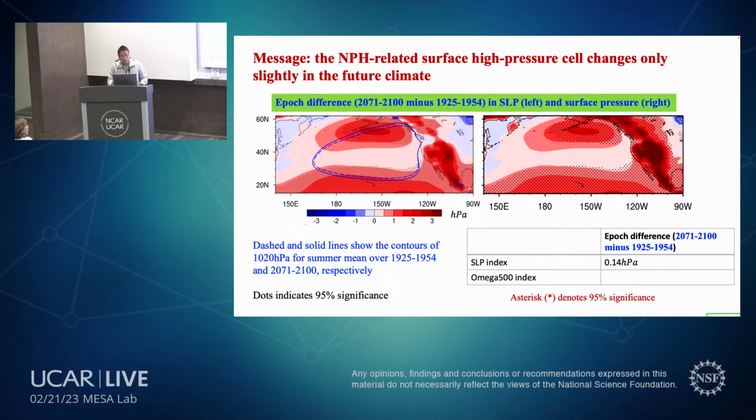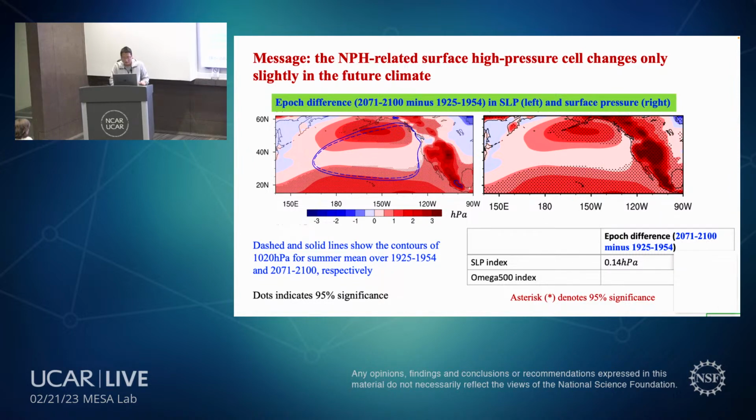This figure shows the epoch difference in sea level pressure on the left and surface pressure on the right. On the left, the dashed and solid contours show the surface high pressure cell. We can see sea level pressure increases only in the northern and southern parts of the high pressure cell, but not much in the middle of the cell.